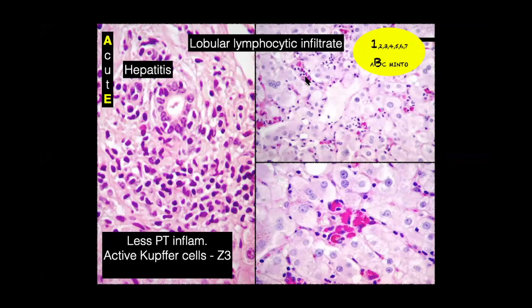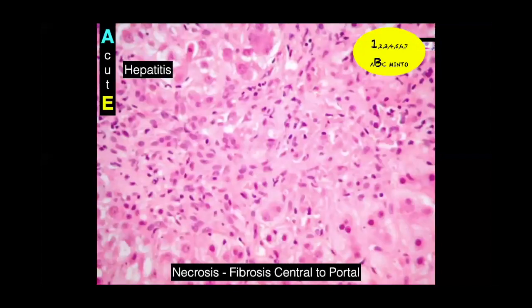And another point you have to remember, there will be Kupffer cell activity. Remember, there is some acute injury going on, and Kupffer cells are nothing but scavenger cells. So they will be increased in number to remove the unwanted things. Kupffer cell hyperplasia, especially in zone 3, will be there in acute hepatitis.